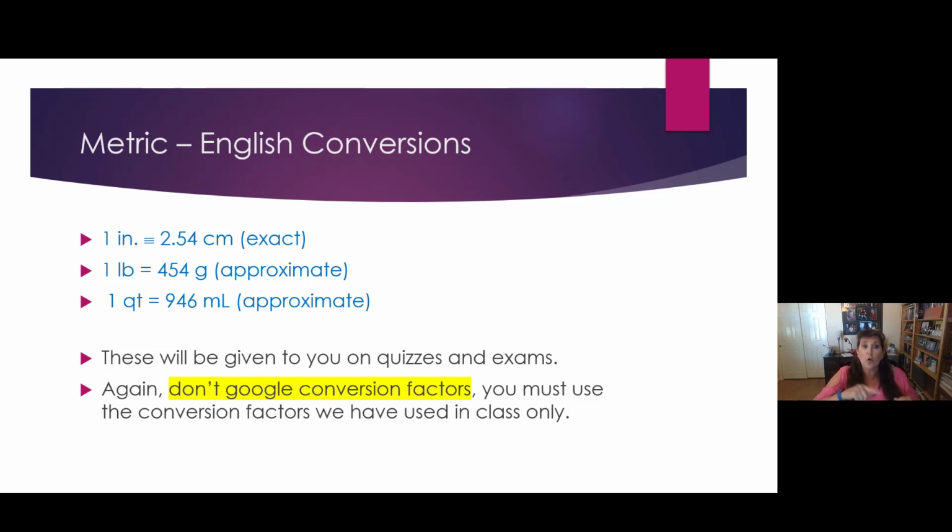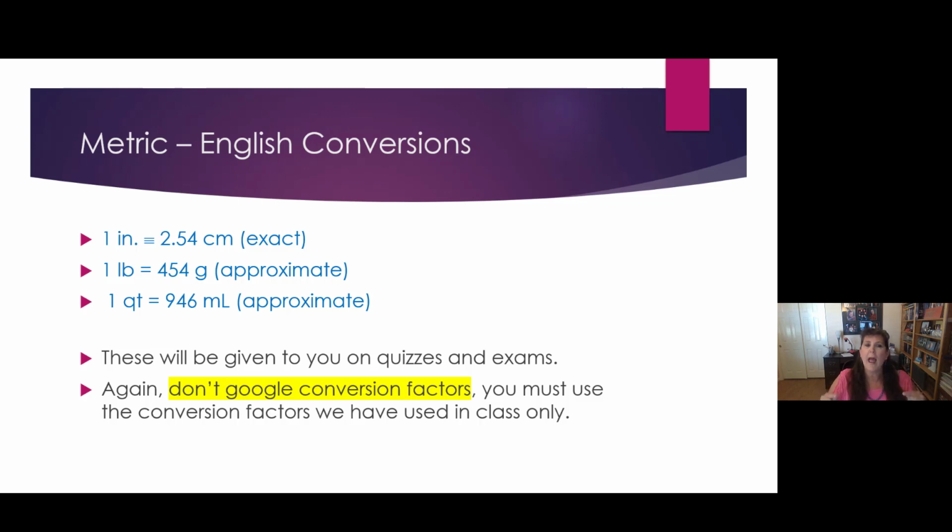So we have crossovers for length, mass, and volume. Here they are. An inch is exactly 2.54 centimeters. That one is exact. A pound, LB means pound, is approximately 454 grams.